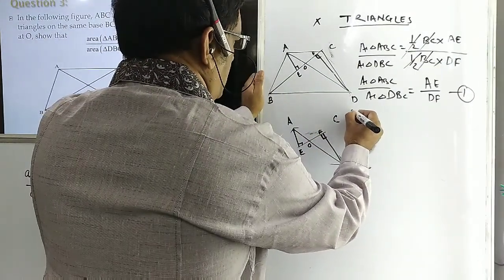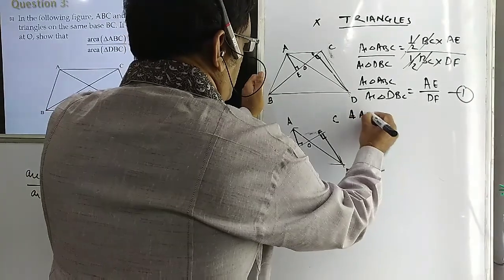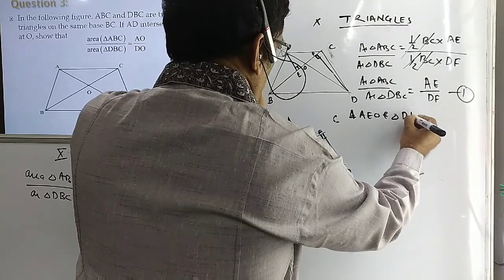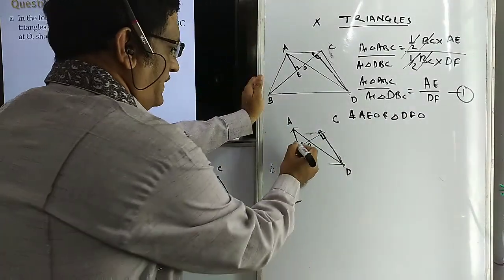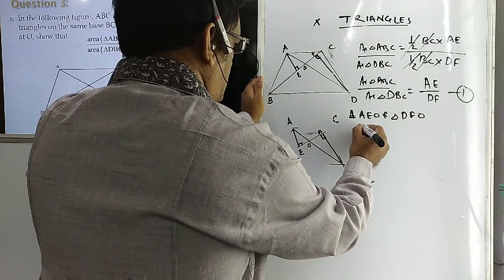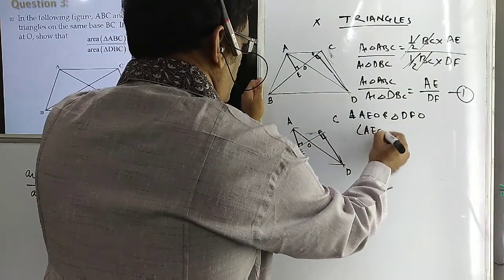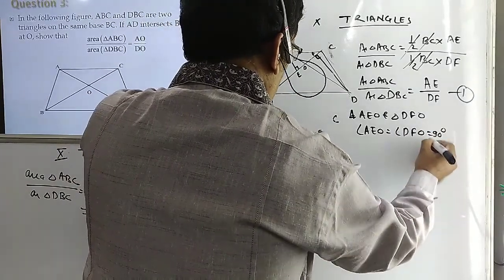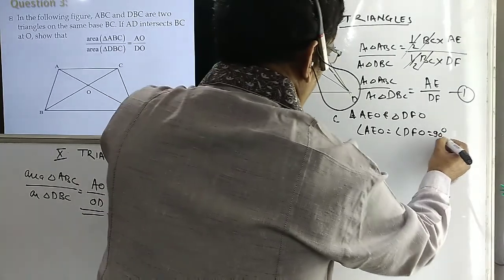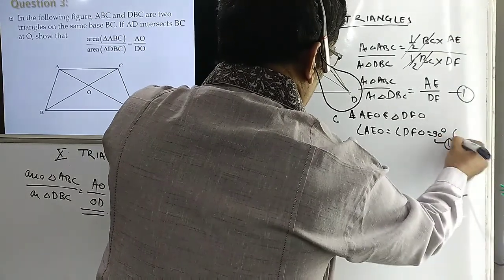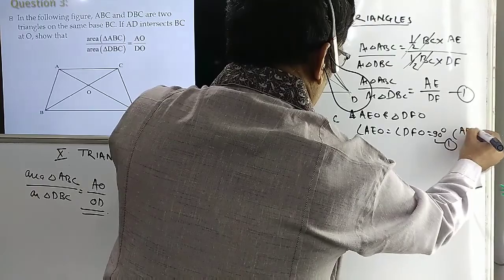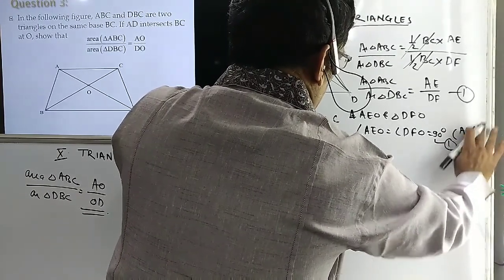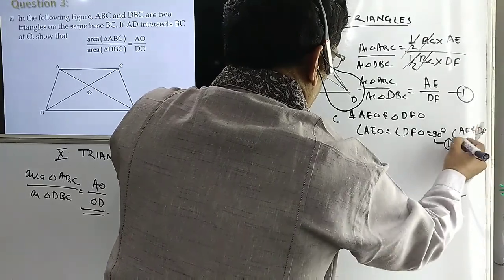In triangle AEO and triangle DFO, first of all, this angle and this angle are 90 degrees. Which angle? Angle AEO is equal to angle DFO, equal to 90 degrees, because AE and DF are altitudes.